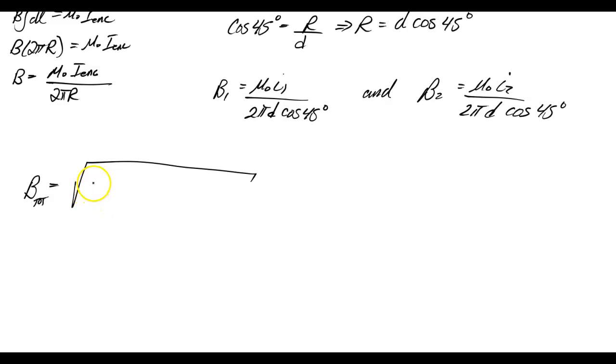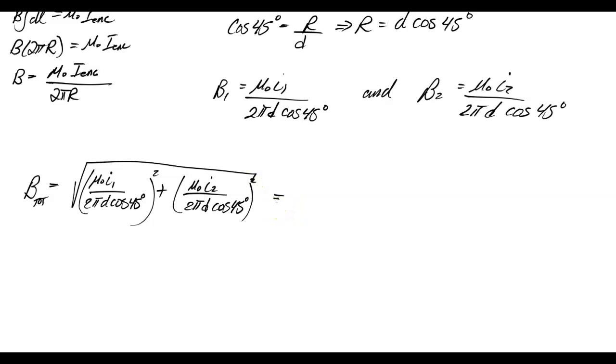So we can have this: mu naught I1 over 2 pi d cosine 45 degrees quantity squared plus mu naught I2 over 2 pi d cosine 45 degrees quantity squared.